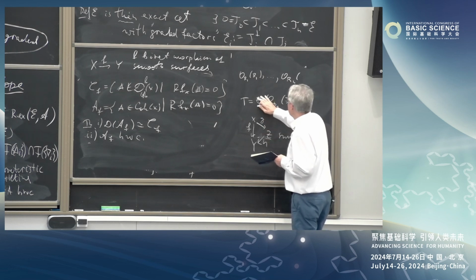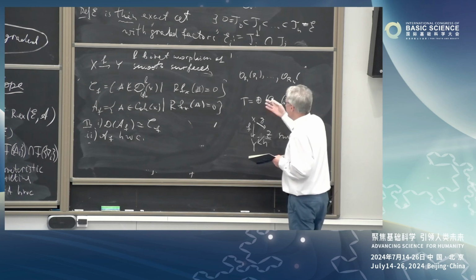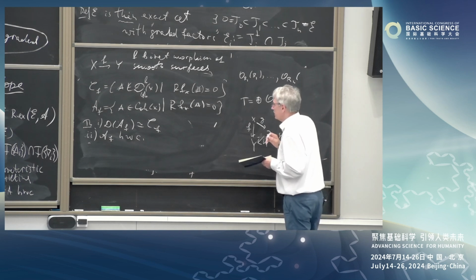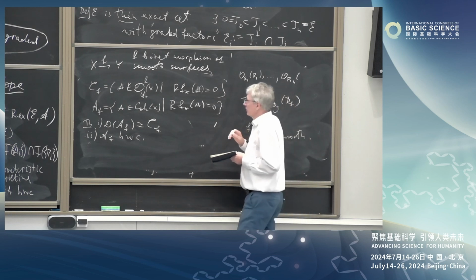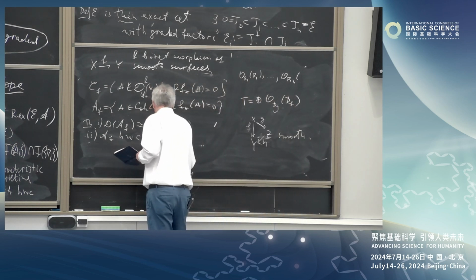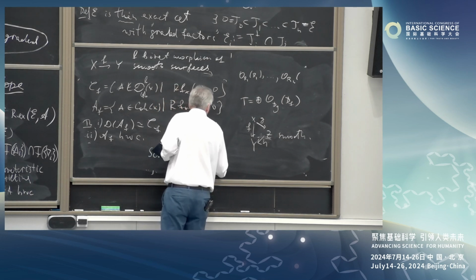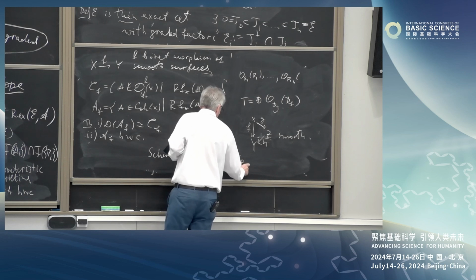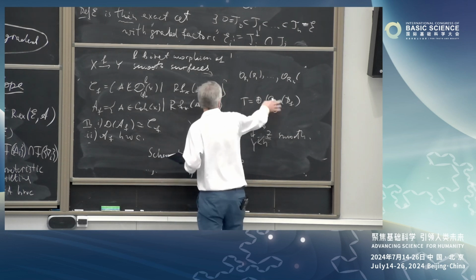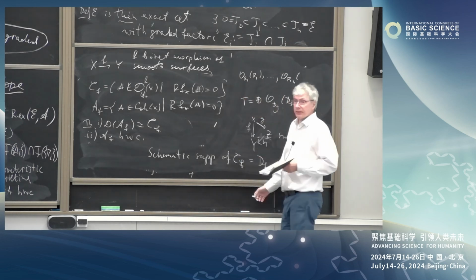So the claim is that this is the tilting generator, and it implies in particular that the schematic support of the null category, so let me write it this way, schematic support of CF, is a consequence of the statement that the schematic support is the discrepancy divisor, DF, if you know what that is.